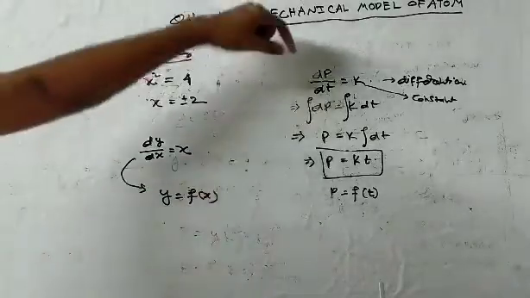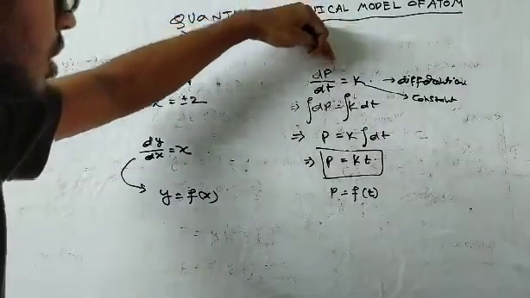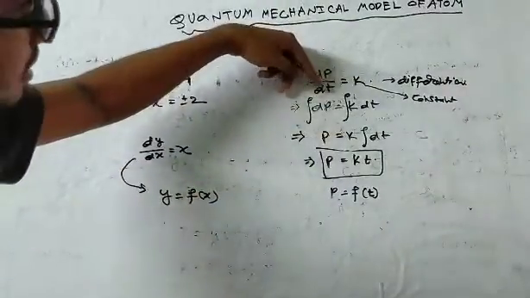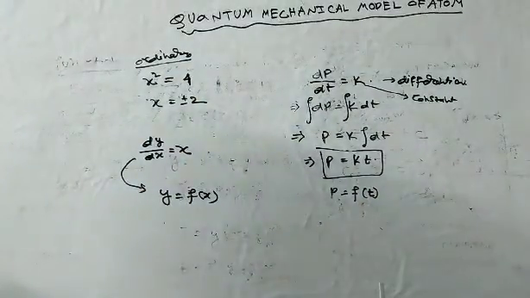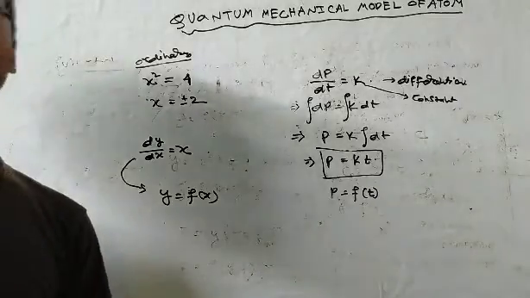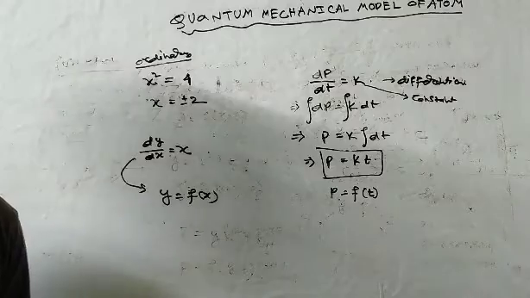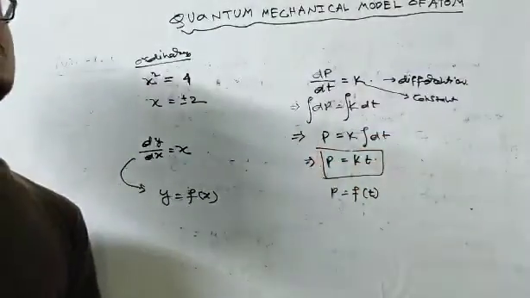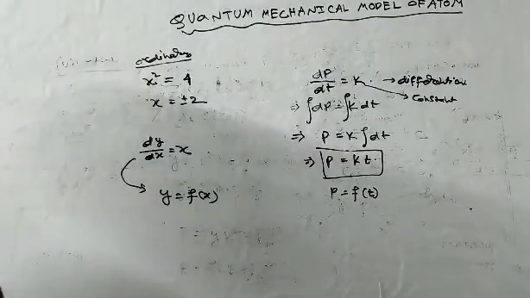Here I am doing the derivative with respect to t on p, so in the solution p equals a function of t. So in general, on whichever parameter we do the derivative, my solution comes out as that function equals, and this should be the function of the parameter with respect to which we are doing the derivative.